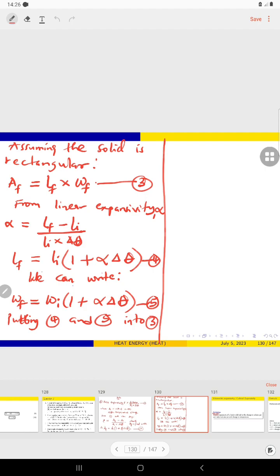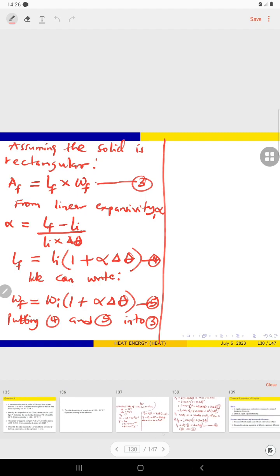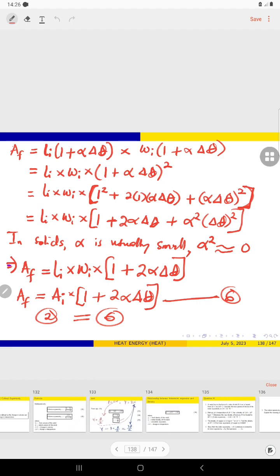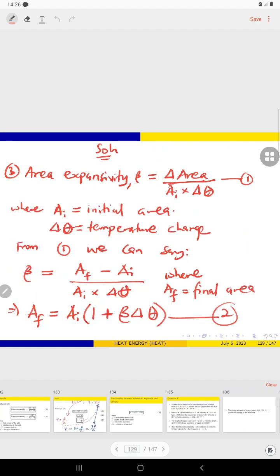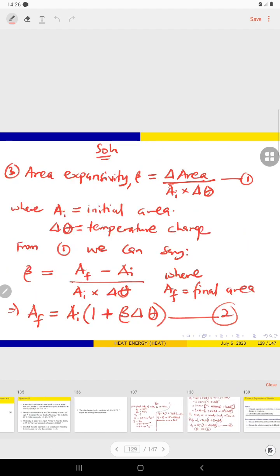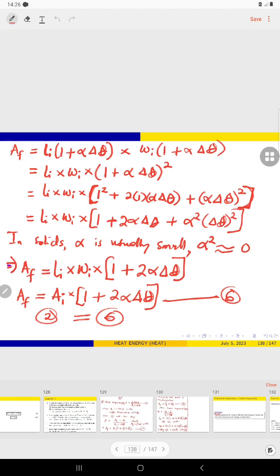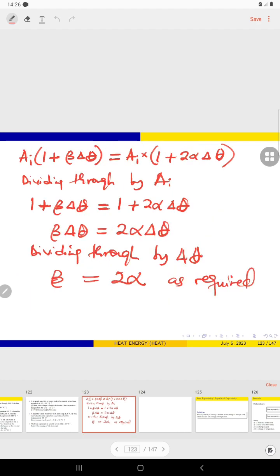We put them in the AF equation. We simplify them. We are going to get this. And when we got this, we saw that 2 and 6 are the same. When you check them, this is equation 2 and this is equation 6. So when we equate them, what are we going to get? We equated them, we had this. We simplified it and we have gotten our proof.